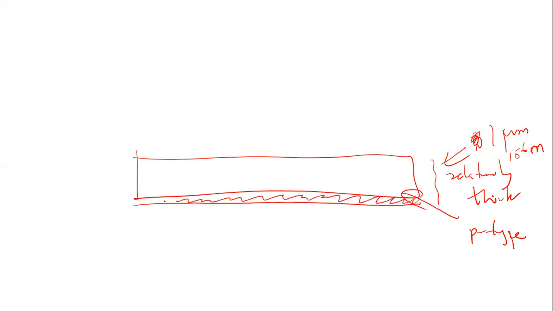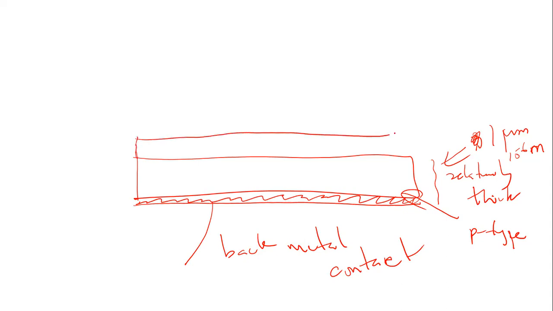You will have a metal here. This is a metal contact, called the back metal contact. Okay, the back side metal contact. Then you have a p-type semiconductor. And then after that, in the simplest design of a solar cell, there will be a thin n-type semiconductor, relatively thin.